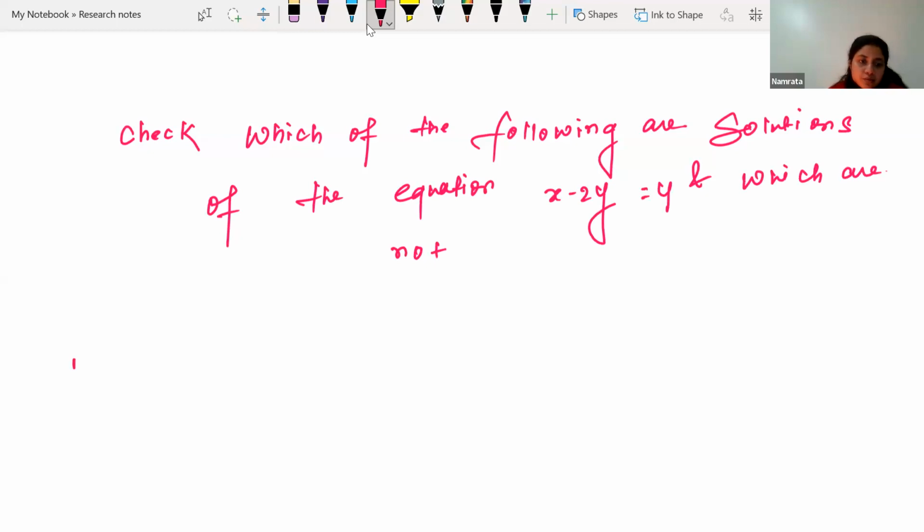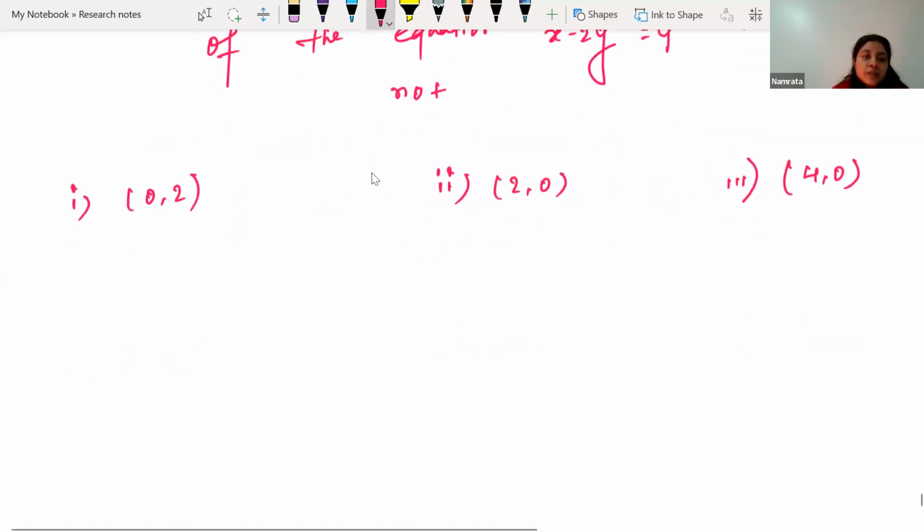Here there are subparts. 0 comma 2, we have to check whether it's a solution or not. Another one is 2 comma 0, we have to check whether it's a solution or not. Another one is 4 comma 0. Similarly, number 4 is root 2 comma 4 root 2.